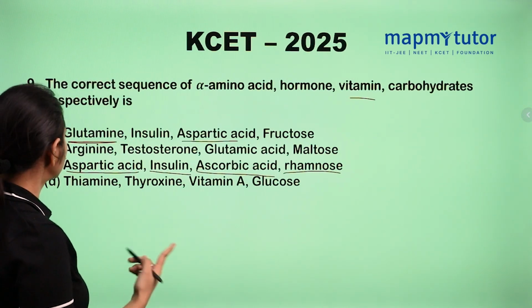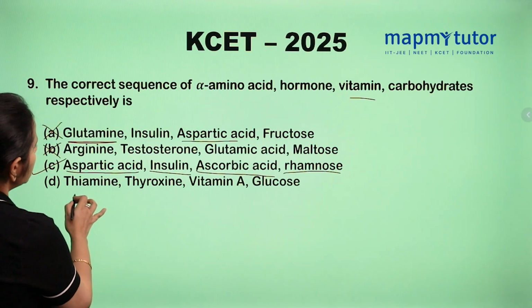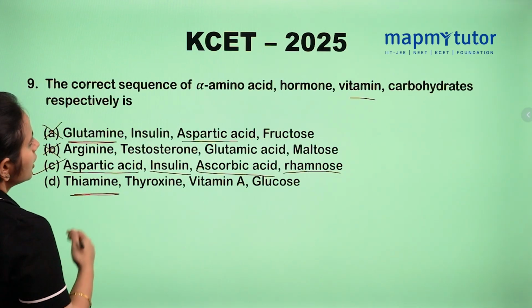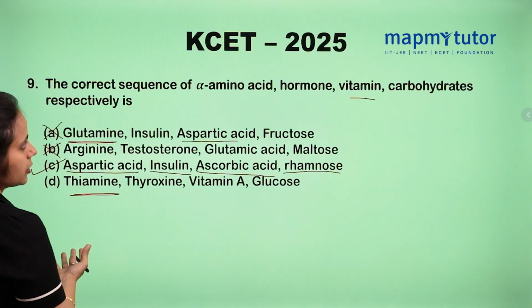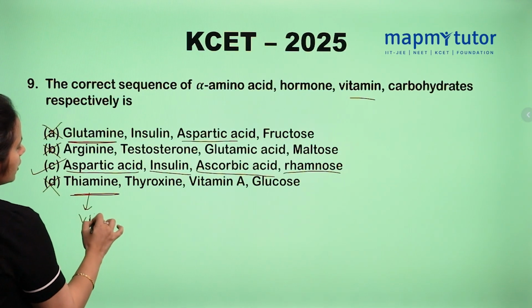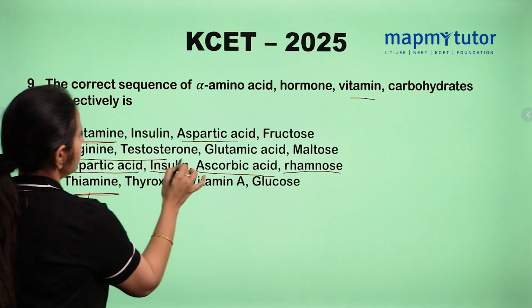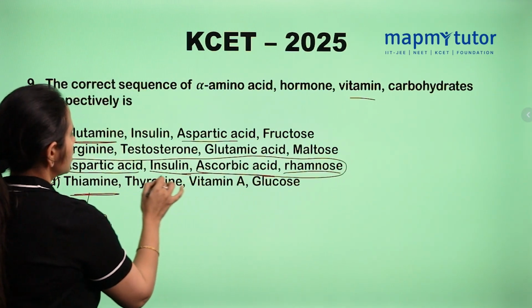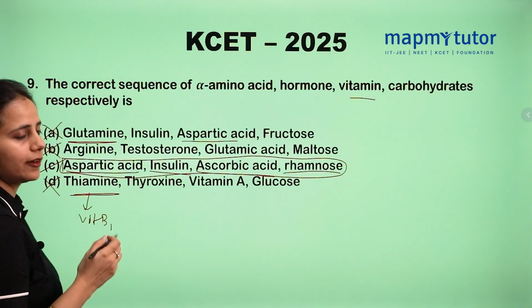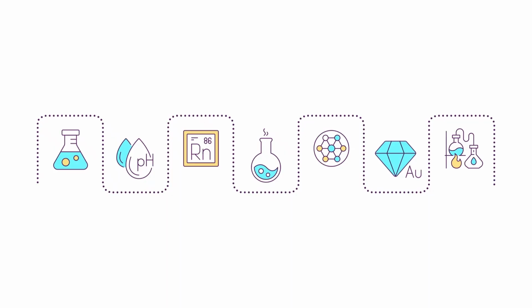In the last case, thiamine is not an alpha amino acid. It is a vitamin, so this is wrong. Vitamin B1 is known as thiamine. So this can't be the answer. We get our answer C, following the sequence of alpha amino acid, hormone, vitamin and carbohydrates.